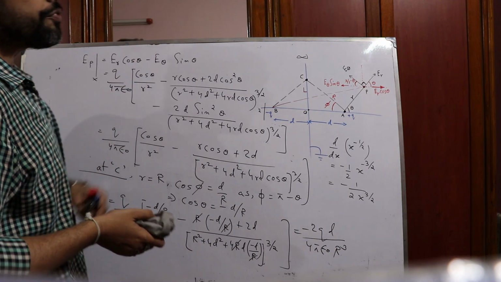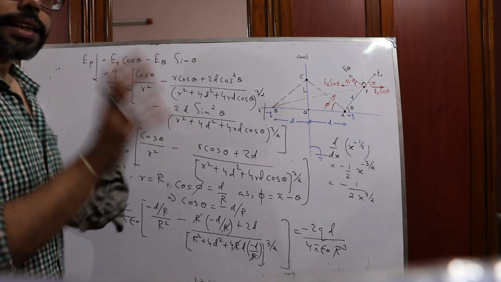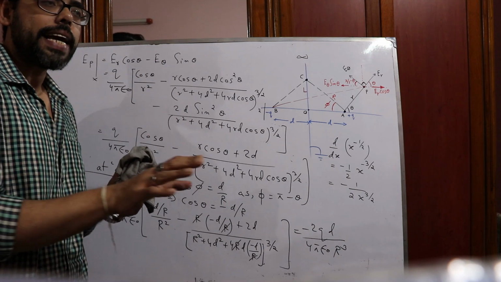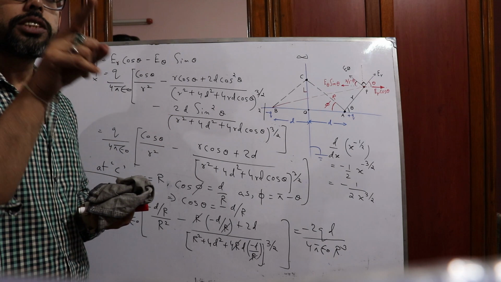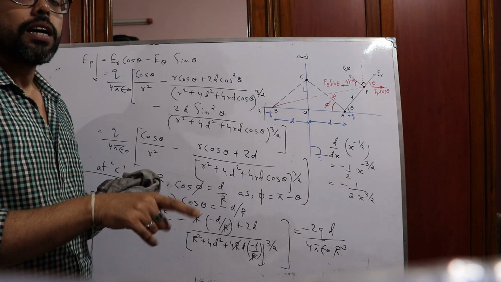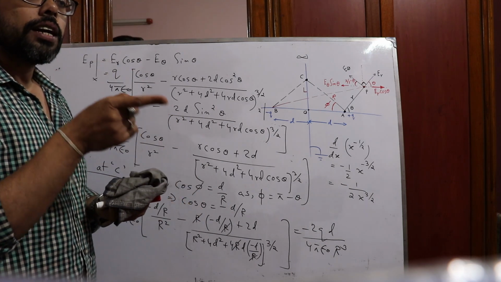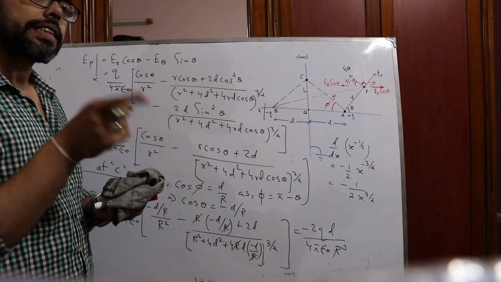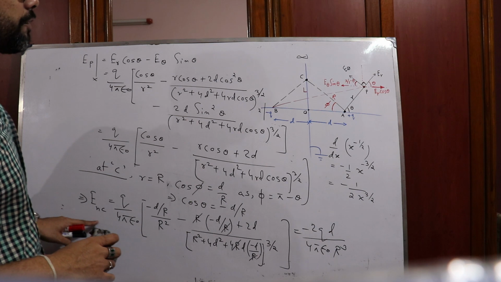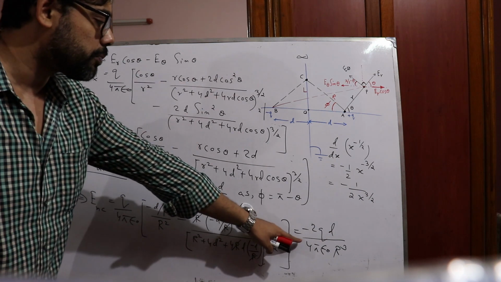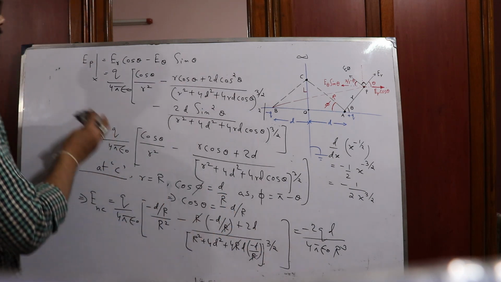So how do we find surface charge density? We write electric field equals sigma by epsilon 0. That electric field is the normal component of electric field, the electric field perpendicular to the surface at that point. We found the normal component at the point C, and this is the expression. So how can we find sigma?